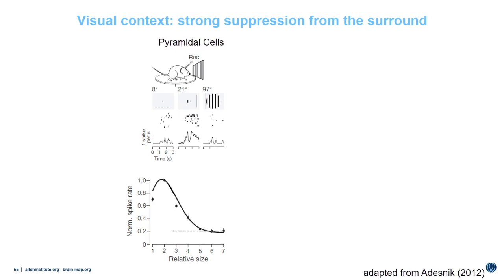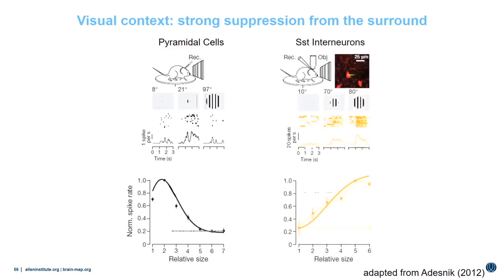Now, leveraging the power of mouse genetics to look at different cell types, it was also discovered that a particular type of inhibitory interneuron, the somatostatin interneuron, has a complementary size tuning curve in which these cells respond strongest to the largest gratings. Now, this was a particularly interesting result because it suggested a possible mechanism for how this surround suppression might arise. These inhibitory cells that respond to the largest gratings could be providing the suppression of the excitatory neurons at the largest grating sizes.